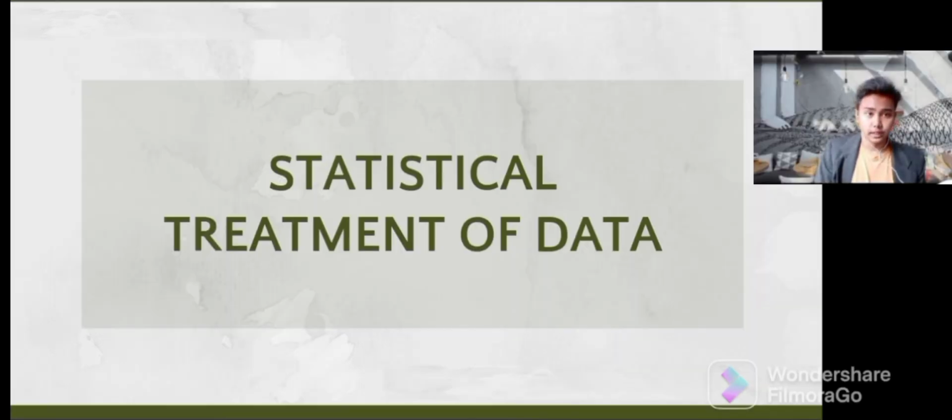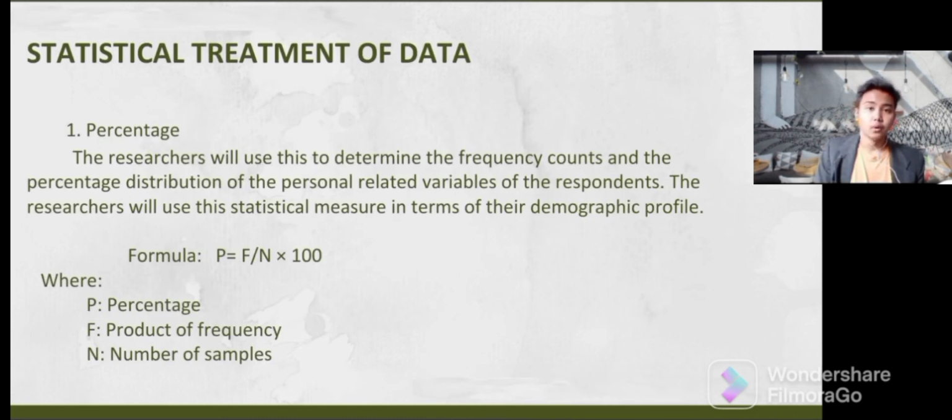Statistical treatment of data. Number one, percentage. The researchers will use this to determine the frequency counts and the percentage distribution of the personal-related variables of the respondents, in terms of their demographic profile.